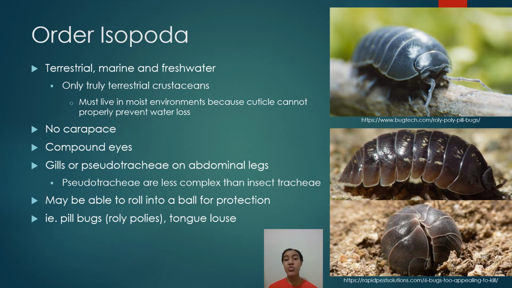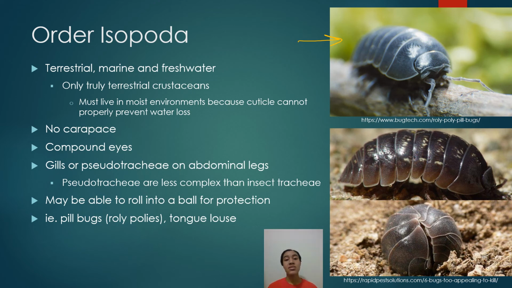Isopods can live in freshwater, marine, or terrestrial environments, and actually, order Isopoda contains the only truly terrestrial crustacean, and those are the pill bugs, or people call them sow bugs or roly-polies. And if you've never seen one, this is an example of what they look like. And even though they're truly terrestrial, so they live their entire lives on land, they must live in moist areas.